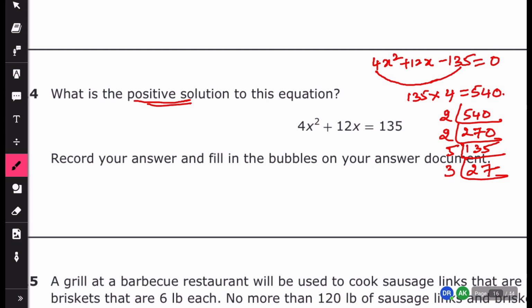Then you can go into 3: 3 9s are, 3 3s are, 3 1s are. So here we have 540 can be written as equal to 2 into 2 into 5 into 3 into 3 into 3. So here you are getting this much value.